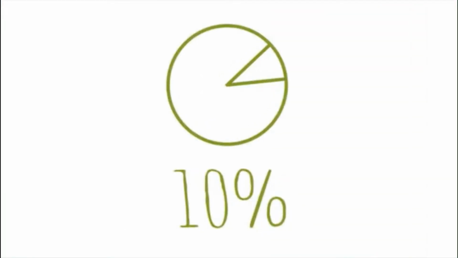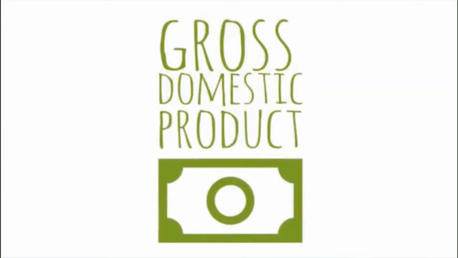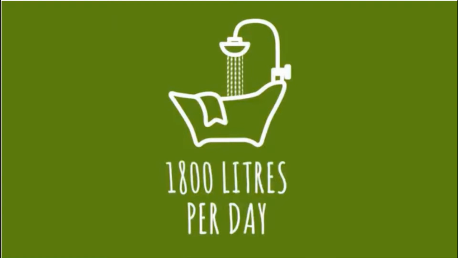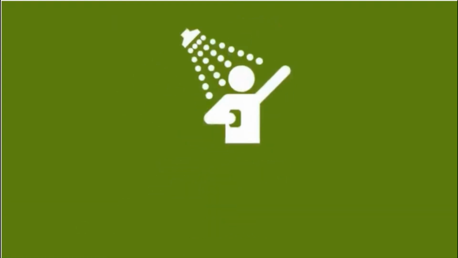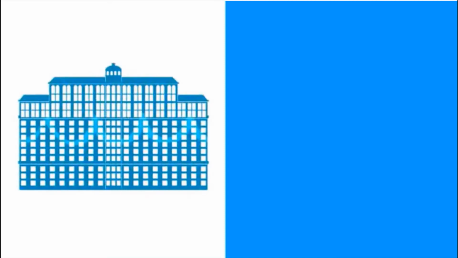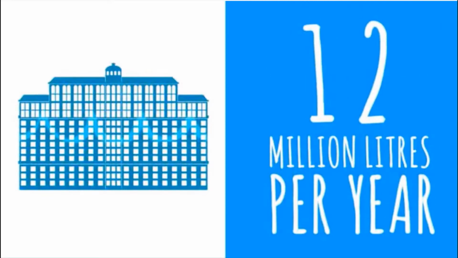While the industry accounts for 10% of the world's gross domestic product, it also places a major strain on our planet. For instance, the average luxury hotel room uses 1,800 liters of water per day. To put this into context, the average Canadian uses 329 liters of water per day. That's just the average. The Bellagio Hotel in Las Vegas, an area where water is scarce, uses 12 million liters of water per year.